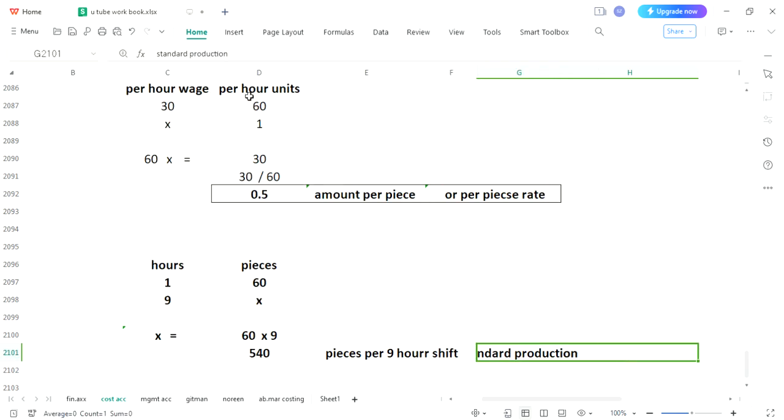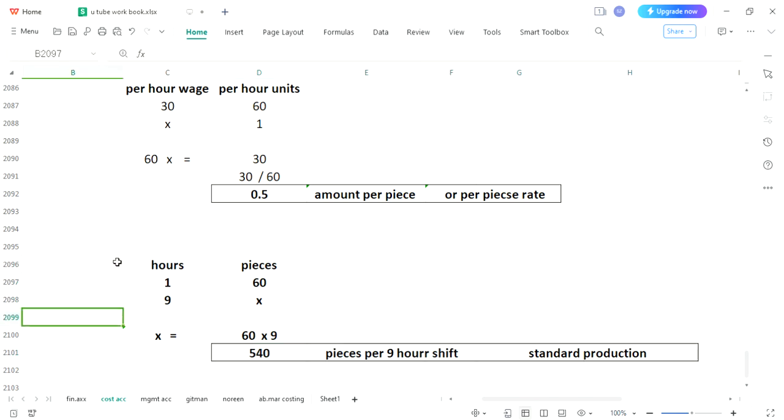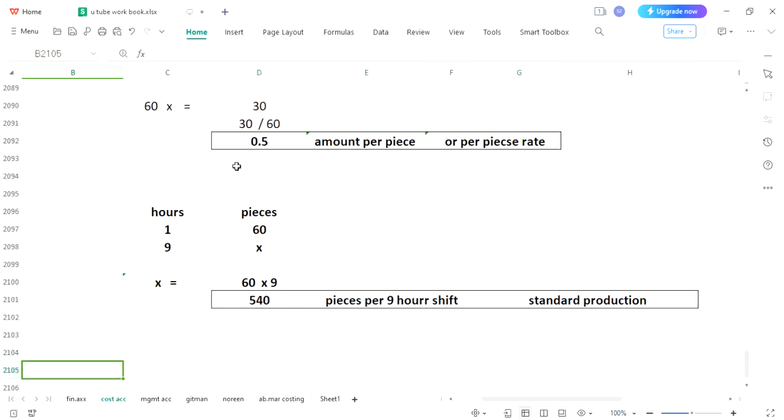After which, now we will go back to the question and we'll see what our requirement is and how these standards would be used to calculate wages of 3 workers. It has been mentioned, but kindly keep it in mind, these two standards are very important. 0.5 amount or rupees per piece would be paid. 540 pieces per 9-hour shift should be made.